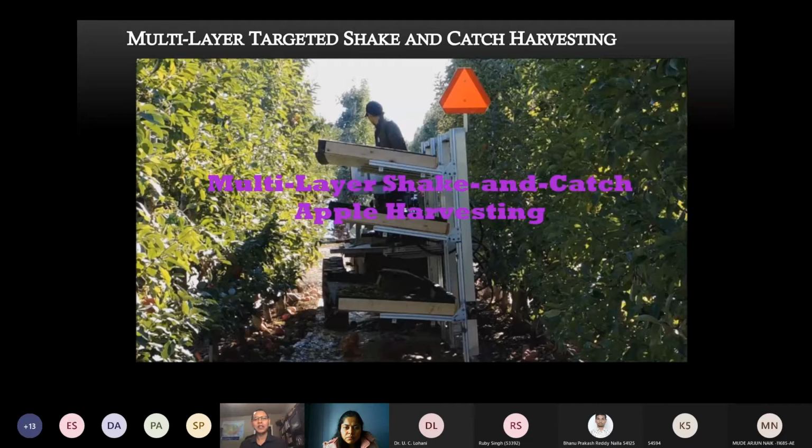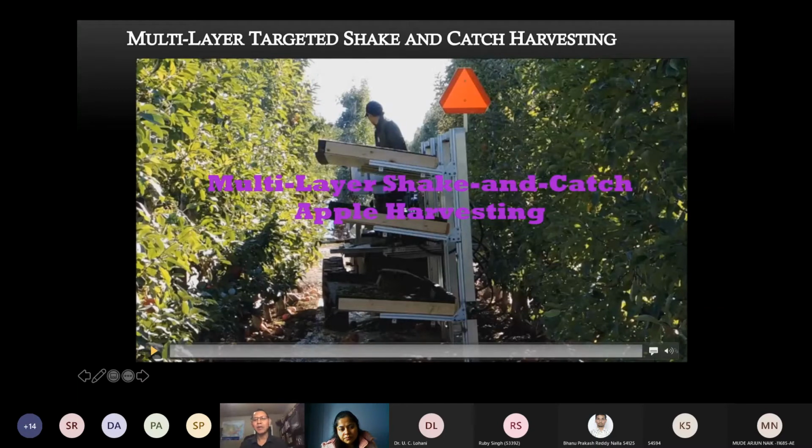We call it targeted shake-and-catch because it targets a small section of the tree or a small branch within the tree canopy at a time, so that when we shake them gently to release the fruit, we can catch them right under where they are, so that the fruit are not flying everywhere and not hitting each other very hard. We could maintain the quality necessary for the fresh market industry, where quality is a really important parameter.